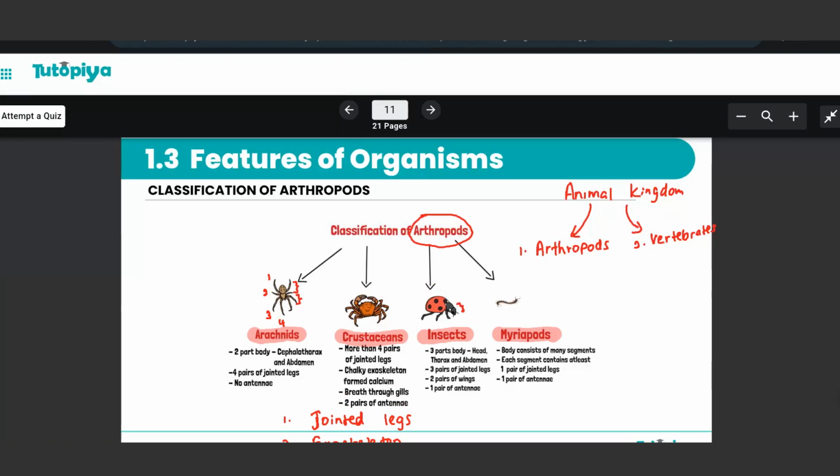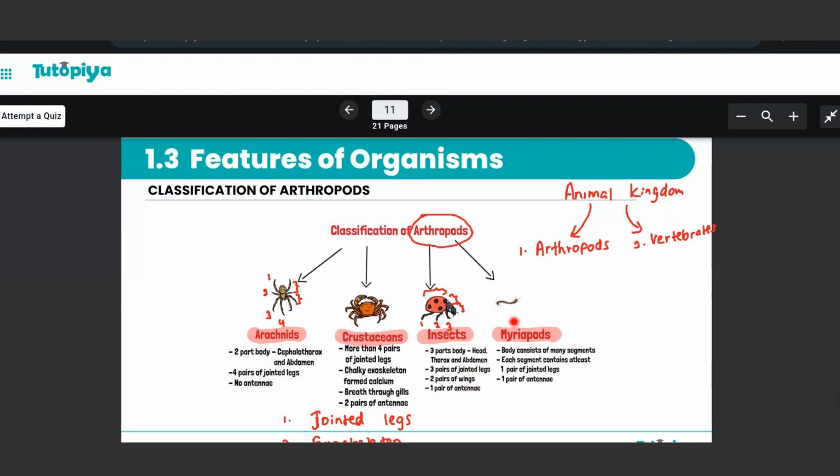The body is made up of the head, the thorax, and the abdomen. And when you count the number of legs, you will see that they have exactly three pairs of jointed legs, and they have one pair of antenna, and they also have two pairs of wings. So these are the important features you need to keep in mind about the insects.